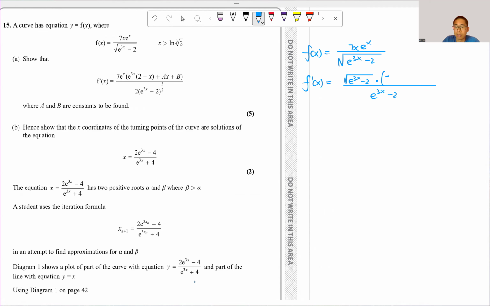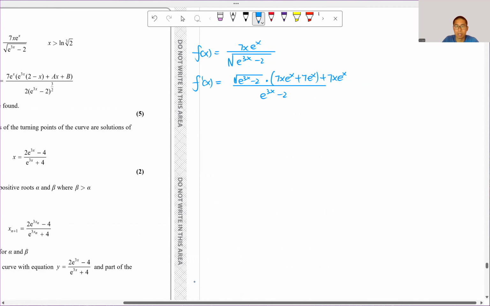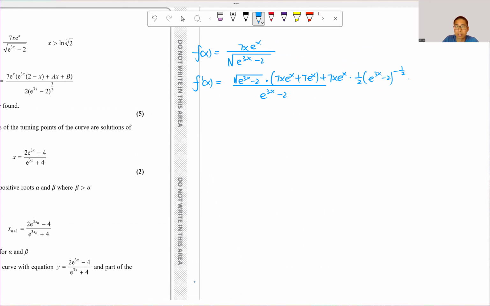So differentiating that, that would be 7x times e to the power x plus 7 times e to the power x. And then minus 7x e to the power x times the derivative of the denominator. So if you differentiate the denominator, that would be half e to the power 3x minus 2 to the power negative 1/2 times 3 e to the power 3x.